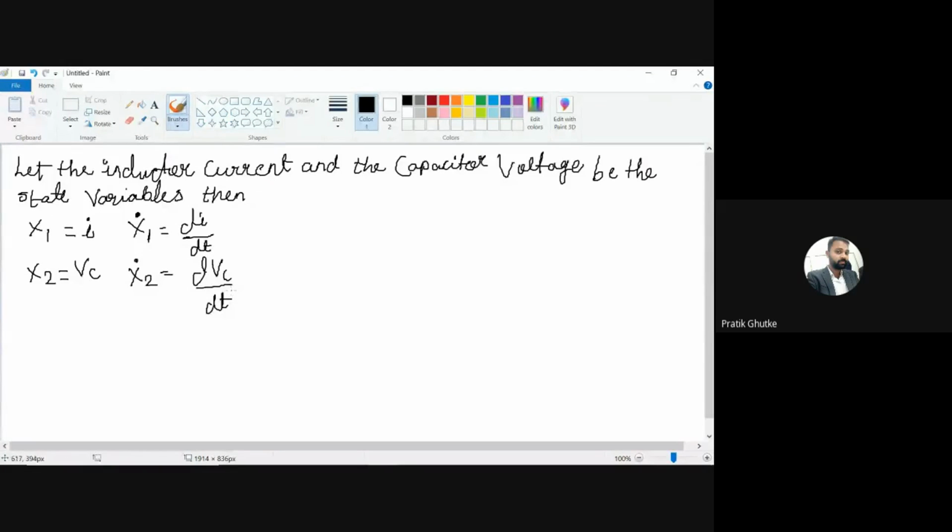Now applying KVL in the loop. So applying KVL, Kirchhoff's voltage law, in the loop, what will I be getting?